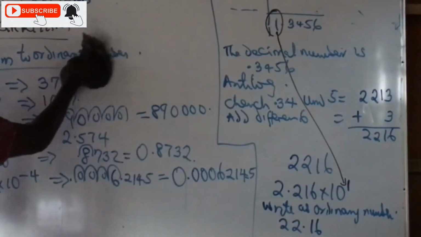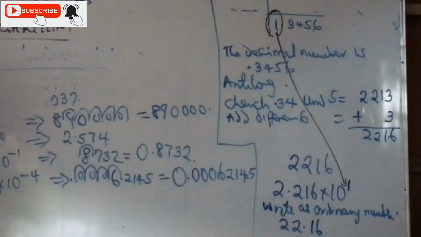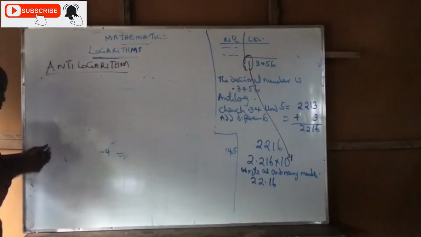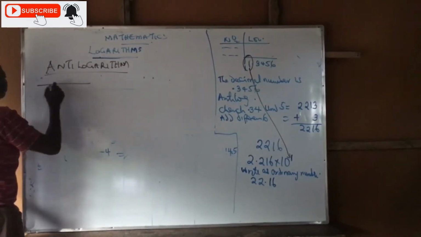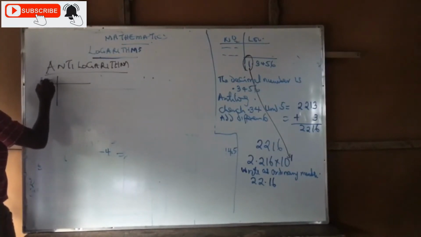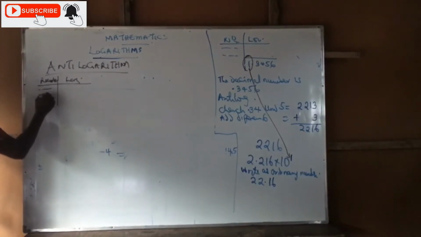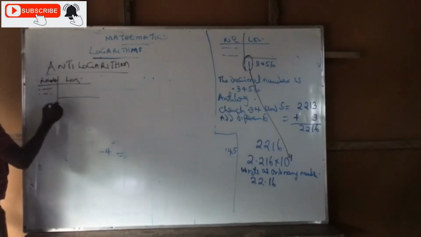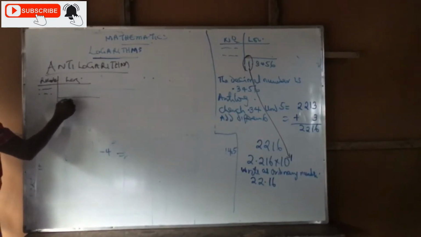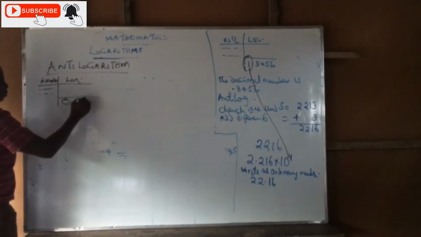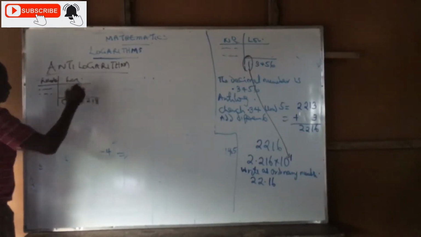Let us see another example. So when we have our number and log, we have checked, we have done, and we have bar 1.4218.